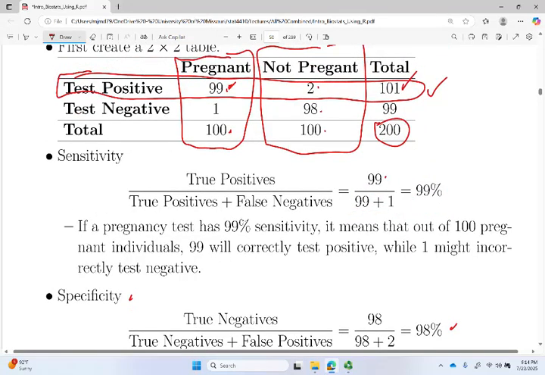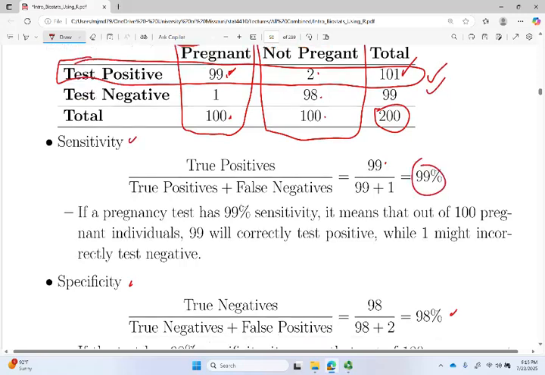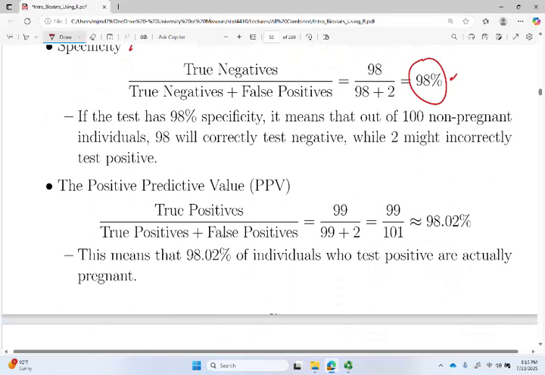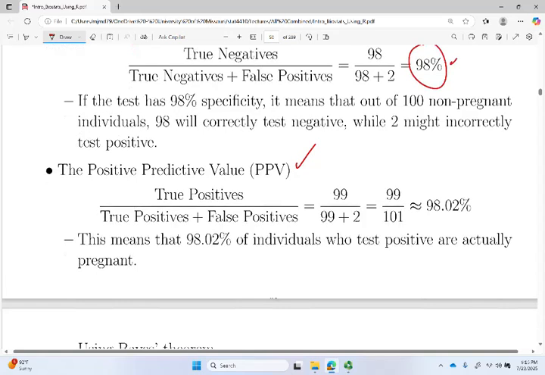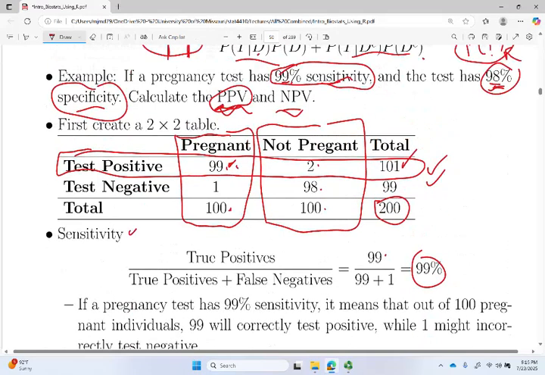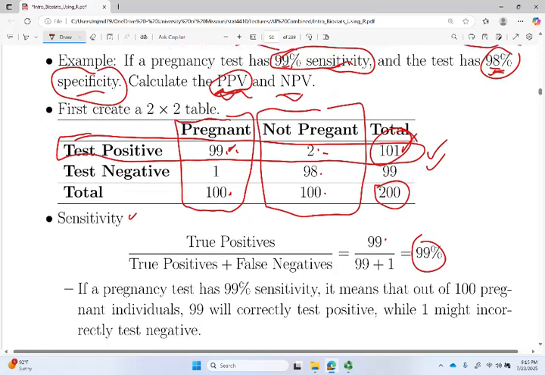So I already talked about making this table such that sensitivity is 99, the specificity is 98. And now we go in and calculate the positive predictive value. I'm so sorry about that. So then what we want to know is the number that the test was positive, which is 99 and 2, right? 99 and 2, so it's 101.